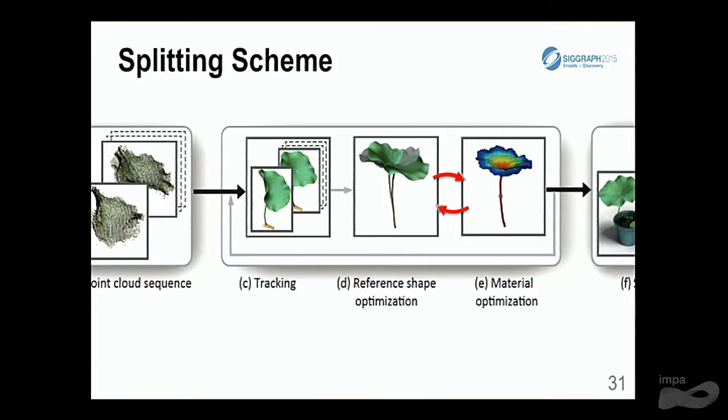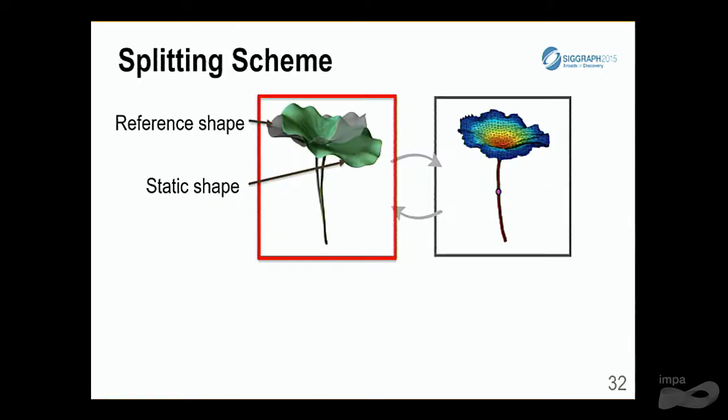Moreover, they decouple very well because they describe completely different things. And so it turns out that if I freeze the reference shape and find the material optimization parameters, and then I freeze the material parameters and find the reference shape, and I iterate twice or so, it works. That's a key for the success of this entire thing.